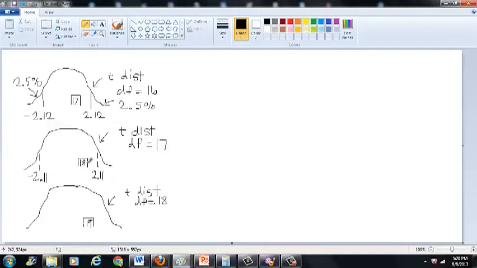So since we collected data from 18 people and our curve has 17 degrees of freedom, the critical value that has 2.5% of the samples beyond it has changed. Now 2.5% of the possible samples are at 2.11 or higher, and 2.5% of the possible samples are at negative 2.11 or lower.